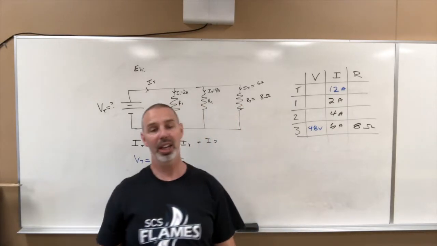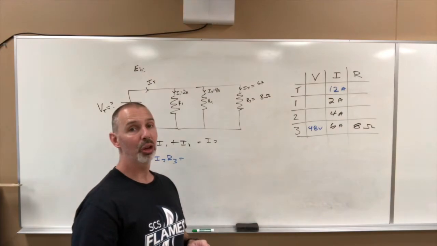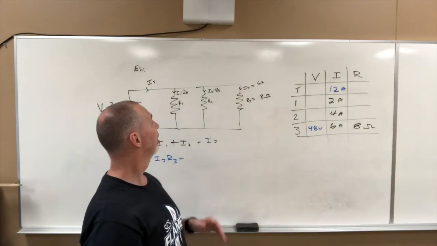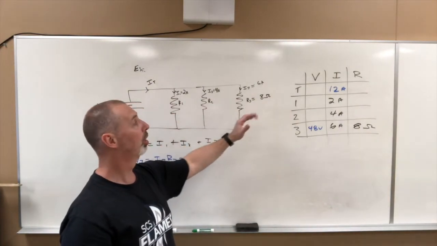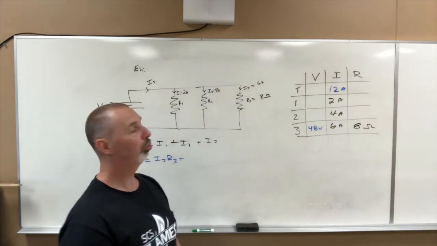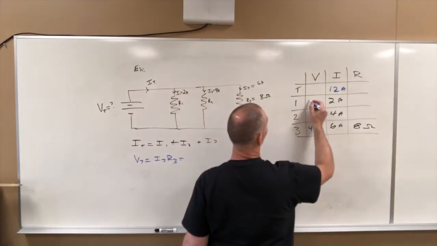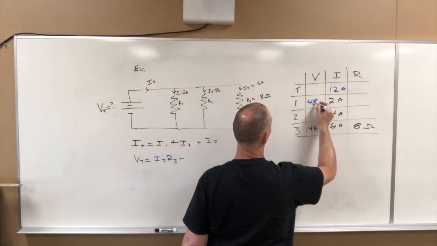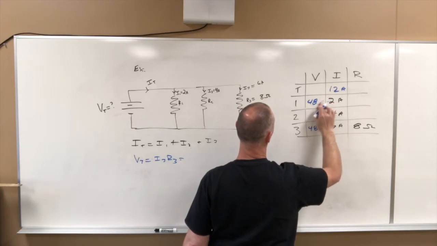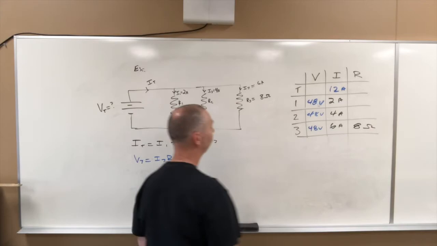Okay. Now here again is where we have to use Kirchhoff's laws. Kirchhoff's voltage law for resistors in parallel says that these three have the same potential difference. So R1, 2, and 3 will have the same potential difference, and that is obviously 48 volts. 48 volts for both of those.